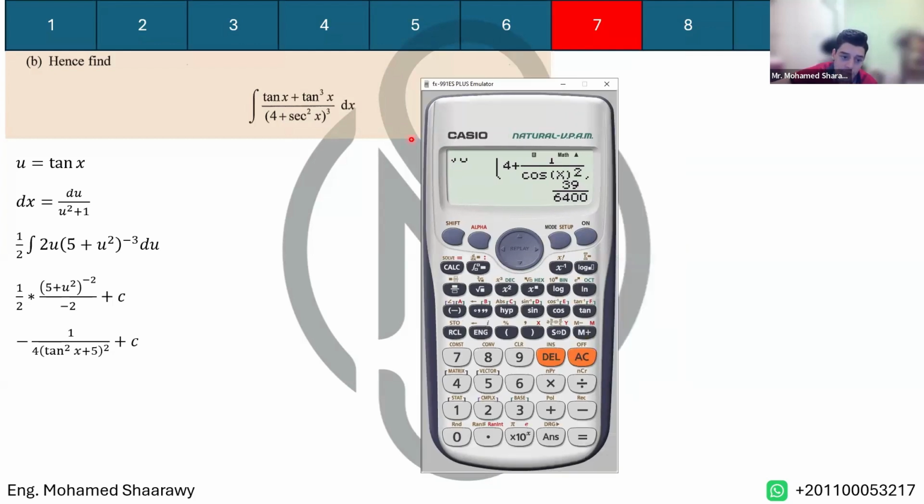Okay, let me ask myself, if I substitute pi over 3 into this function minus substituting 0, will it be the same? Let's do it. So let's say negative 1 over 4 bracket tan a squared plus 5 all squared, and then subtracting this, so it will be a positive 1 over 4, open bracket, tan b squared plus 5 all squared.